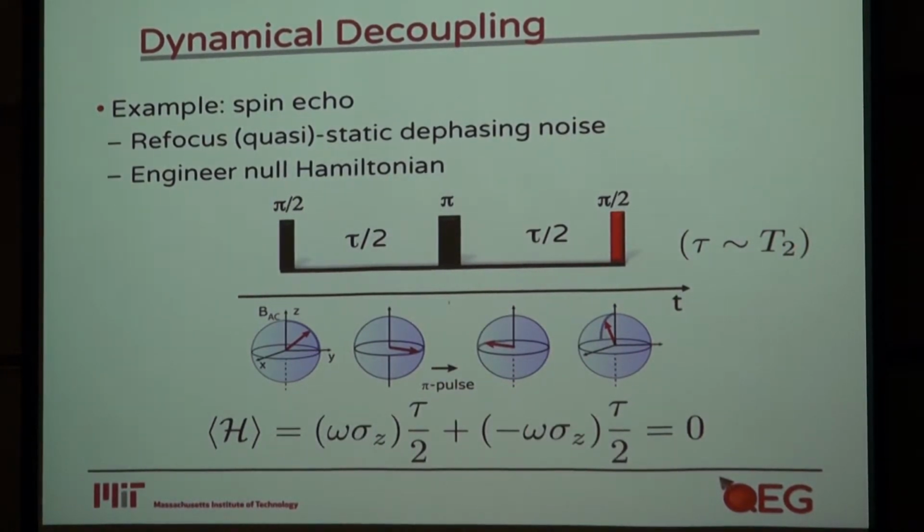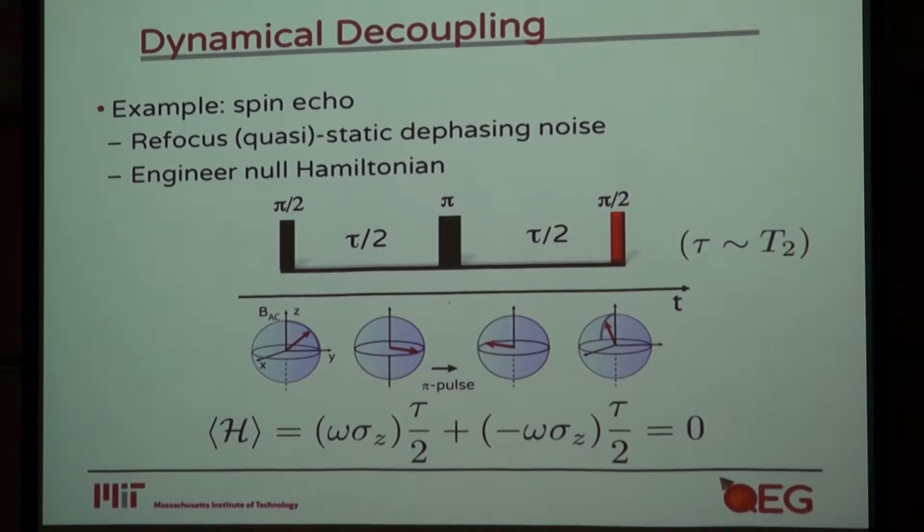This is simply done if your evolution is of the type of, for example, sigma z. On the second half of your evolution time, you're actually evolving under the opposite Hamiltonian, minus sigma z. And so on average, over this total time, what you obtain is an effective Hamiltonian, which in this case is very boring, just equal to 0.